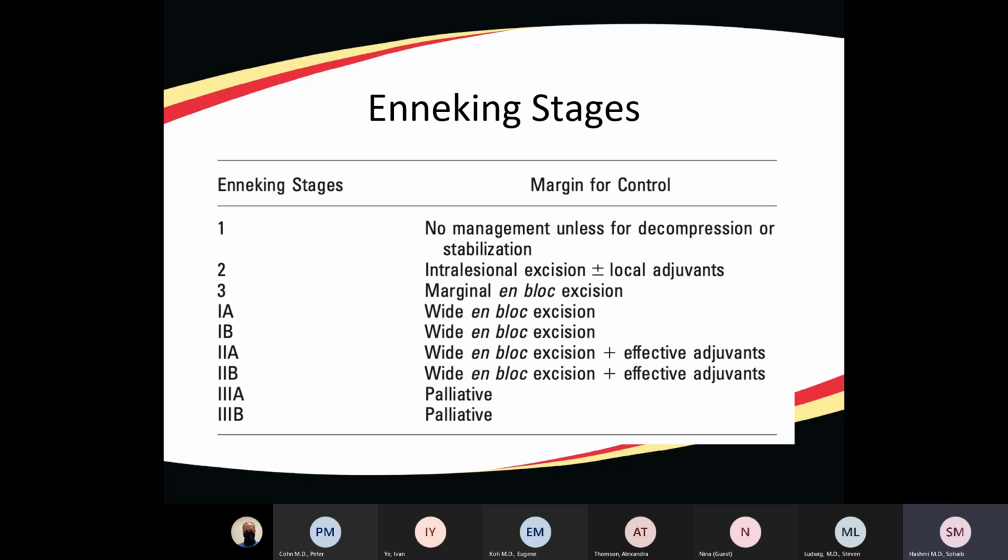Now we'll switch gears just a little bit. Now that we've gone over the majority of the types of tumors that we do see affecting the spine, I thought it would be useful to look at the two types of classifications that have guided some of the treatment of spinal tumors.